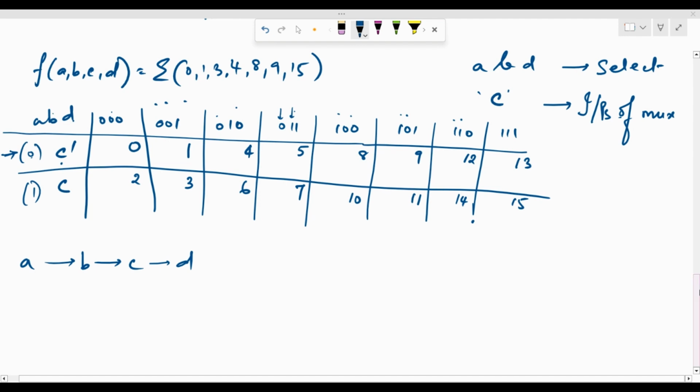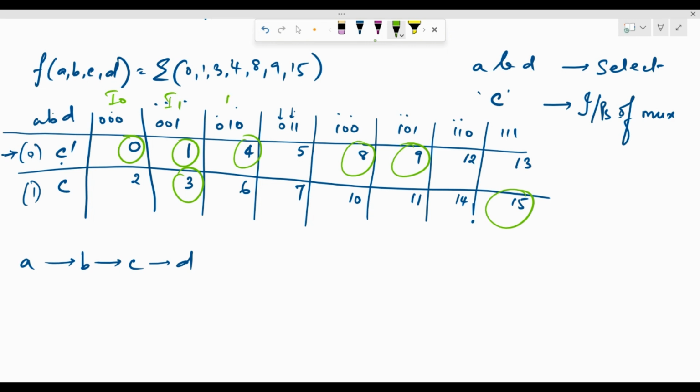After this, we can, as always, circle the minterms given in the problem: 0, 1, 3, 4, 8, 9, and 15. This corresponds to I0, I1, I2, I3, I4, I5, I6, and I7, where we see that I0 is C dash because only the top row is circled.